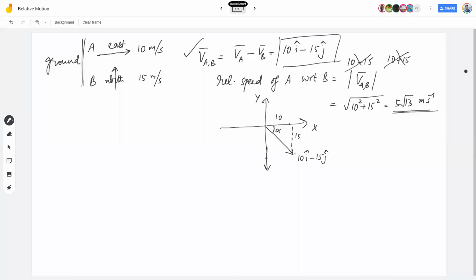It is not northeast. Sorry, it is not northeast. Look at this picture. What direction do you think this is?